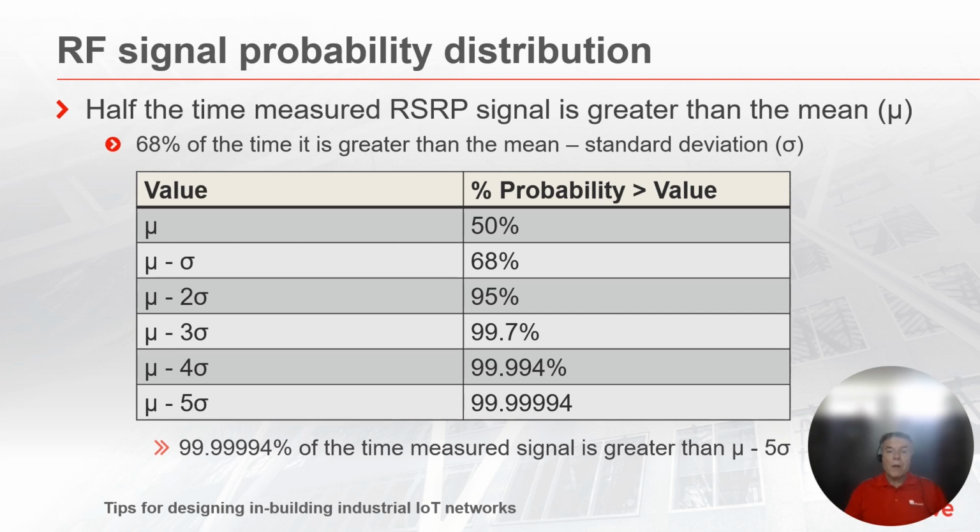And you will notice that the very last entry has 99.99994%. So what does it mean? When I calculate mean minus 5 sigma, then most of the time, if I take a million measurements, 999,999 out of a million, I'm going to measure a signal that is greater than mean minus 5 sigma, and only 1 in a million is it going to happen that the measured value is less than that value.